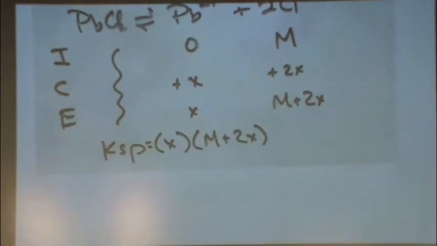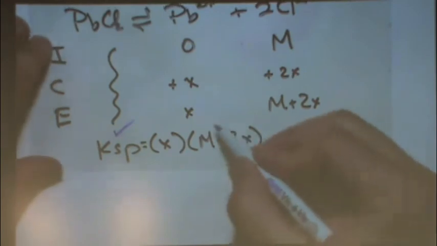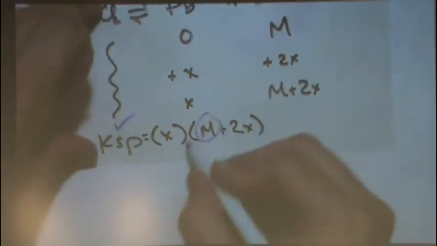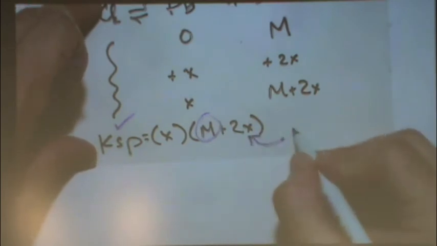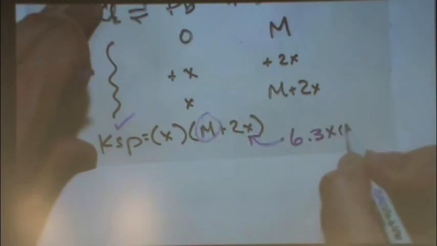Okay, let me change colors now. KSP is known, is that all right? M is not known in the problem, but x is known. x is given as 6.3 times 10 to the minus 8.